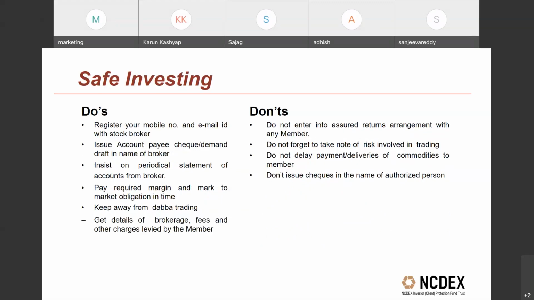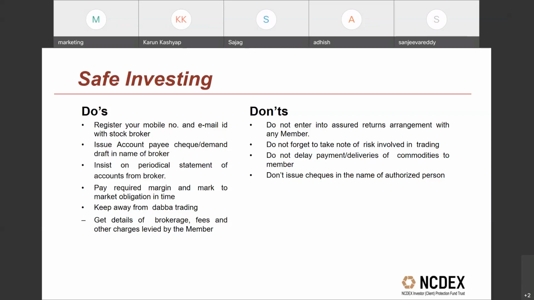We should register our email ID and phone number with the stockbroker, and we should have a periodic statement from the broker to match our funds. Do not pay mark-to-market obligations to the broker directly, and avoid dabba trading, which is basically illegal trading, because those trades are not genuine.